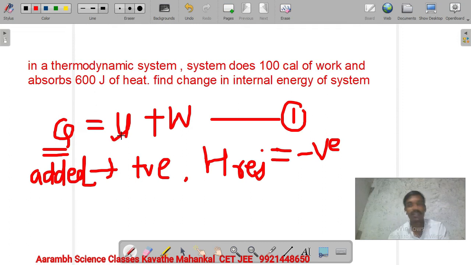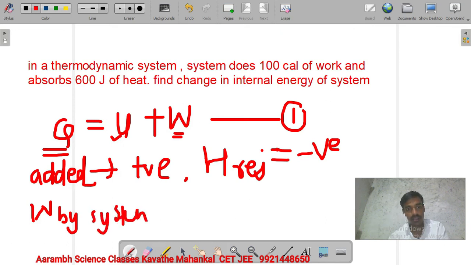U is the change in internal energy of the system, and W is the work done by the system. Work done is also positive or negative. There is again a sign convention. If the work is done by the system, take it as positive. If any system does some amount of work, suppose the system does 50 joule of work, then you have to use 50 as plus in the above equation.